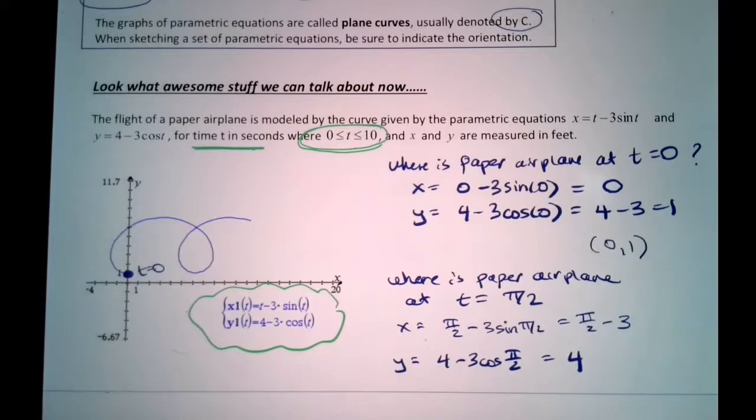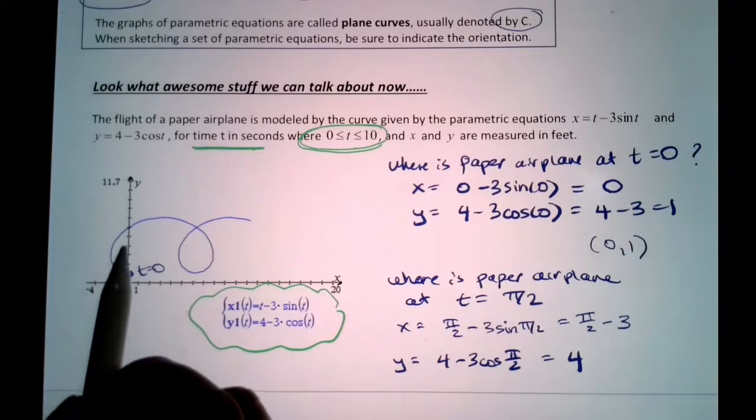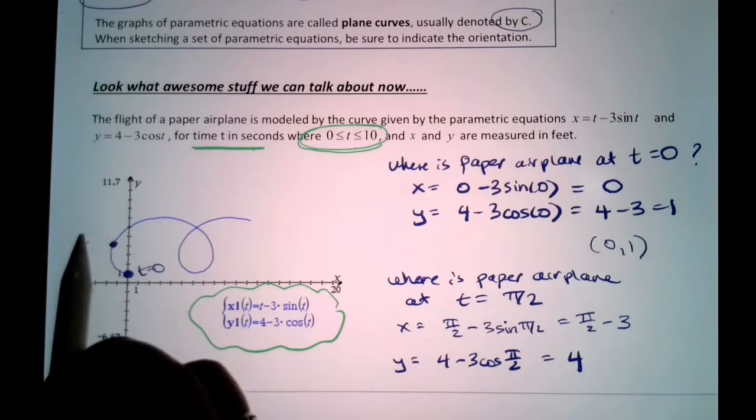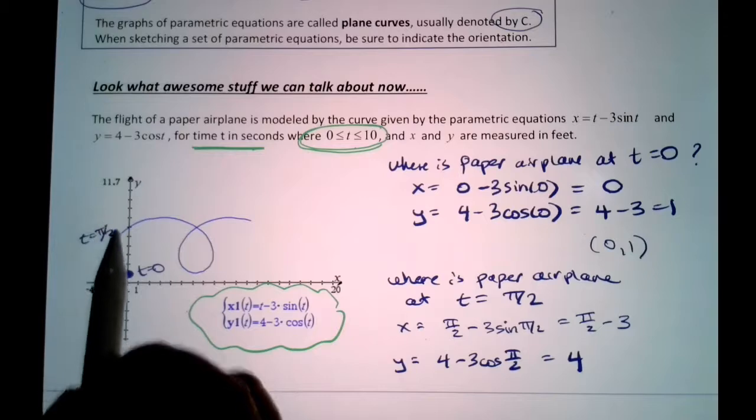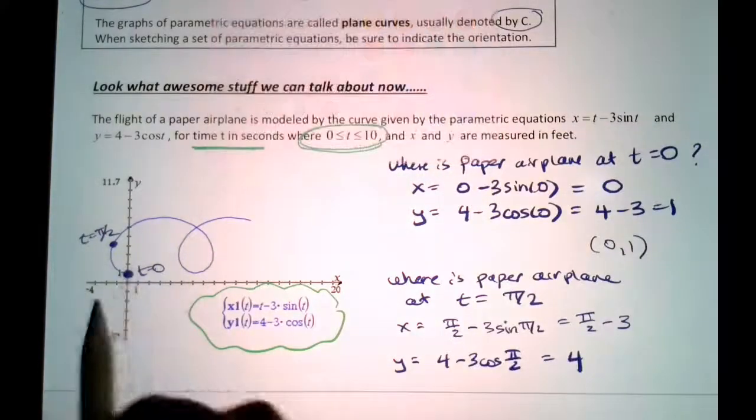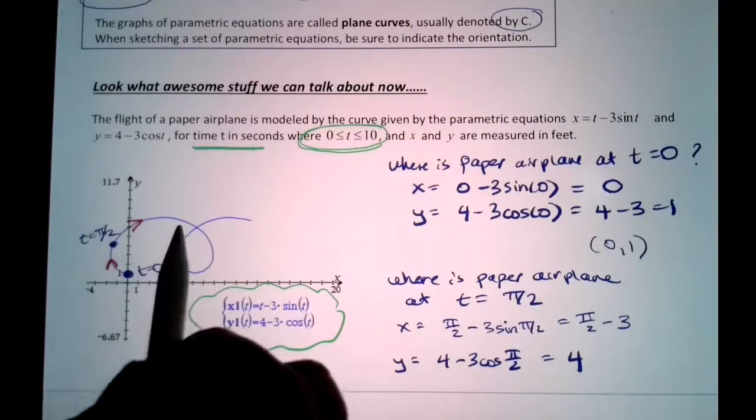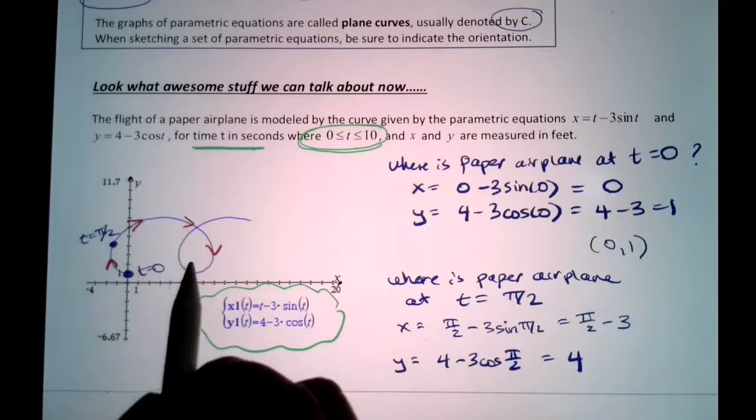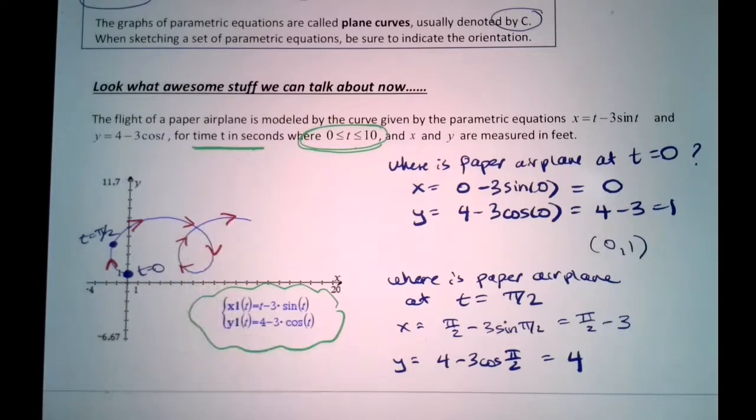So at pi over 2, my ordered pair is a little smidge negative, and then a y value of 4. Right here. That's where it is at pi over 2. So you can see that this thing has a path, it has a movement. It's moving in this direction. So this is the flight of that paper airplane all the way through this process.